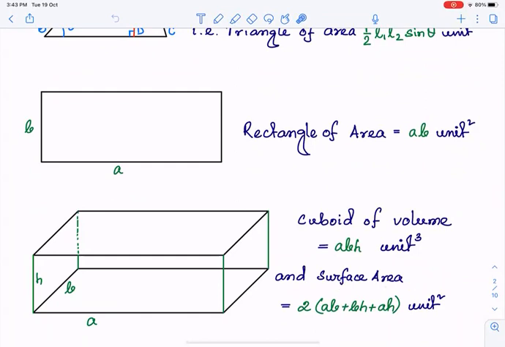Whereas the surface area is going to be, there will be two rectangular surfaces of A into H dimension, two rectangular surfaces of dimension A into B, as well as two rectangular surfaces of dimension B into H. So total surface area for the cuboid is going to be 2 into AB plus BH plus AH, whereas the volume is AB into H. When you stack a constant area one after another to achieve a certain height, the volume we generate is area into height. Is that okay with everyone?